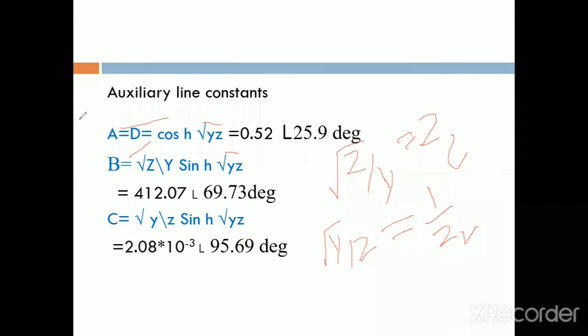These are the A, B, C, D formulas in the case of the real angle method.